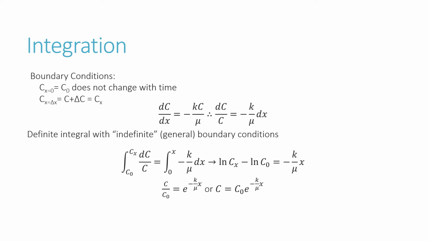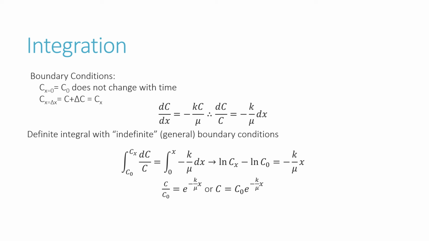To complete the integration step, let's look at the boundary conditions from our example earlier. The inflow of contaminant C is unchanging with time, so the initial concentration of C is constant. The concentration of contaminant C after some distance, delta x, is C plus delta C. We can move the C terms and x terms to separate sides and integrate with the given boundary conditions.